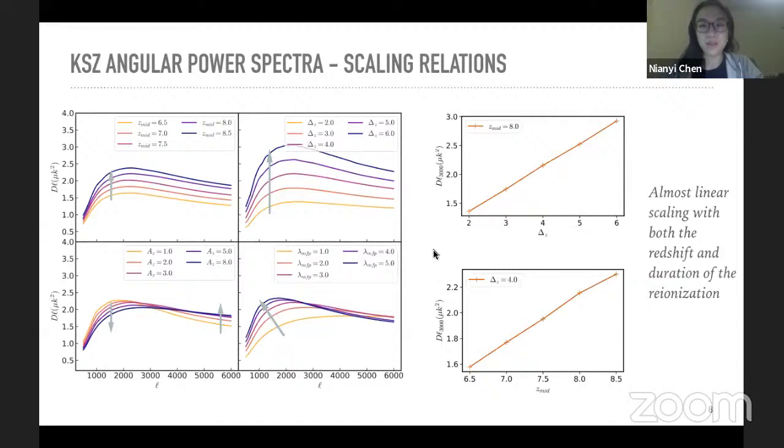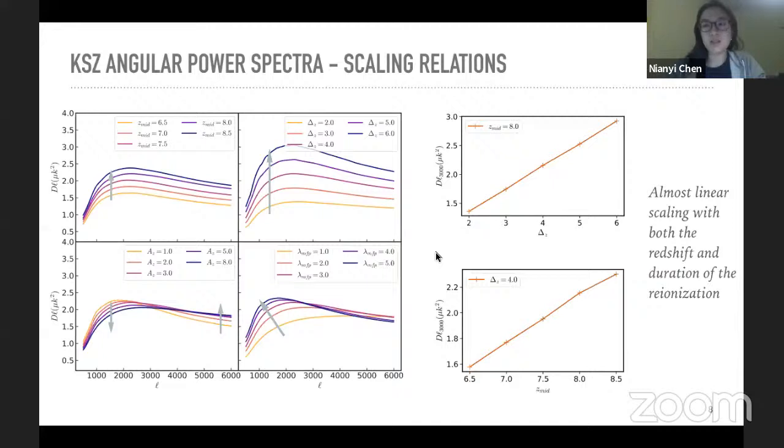For example, the Battaglia 2013 paper also has a scaling relation, but I think when they vary the duration, they didn't control the mean free path, so there's a degeneracy between the two.